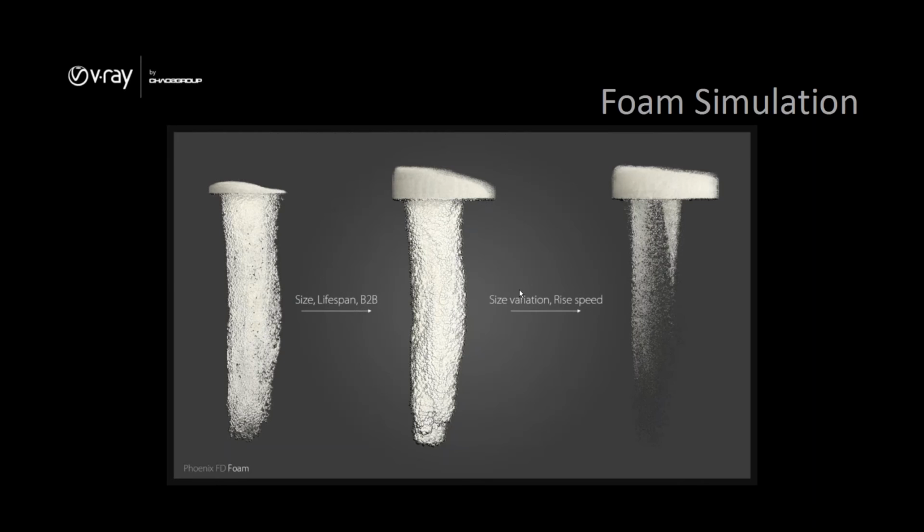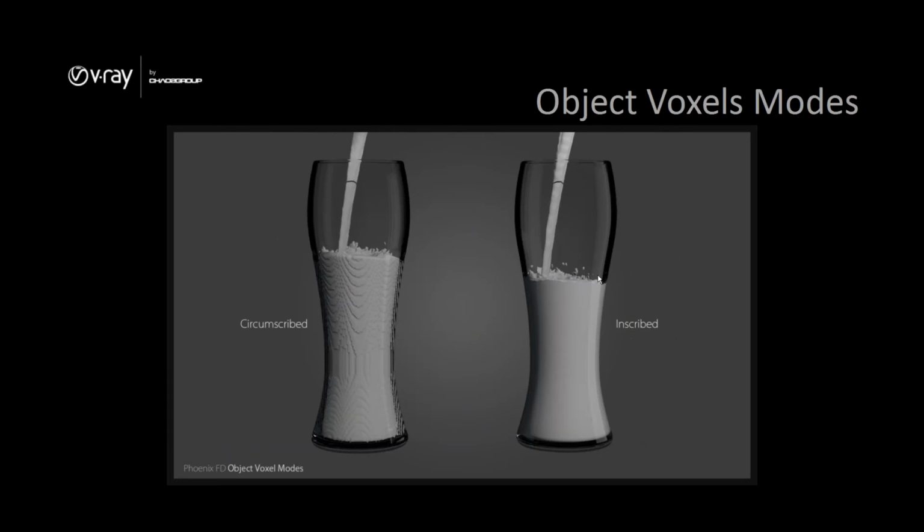So I also introduced some size variation, and I increased the rise speed to force the smaller bubbles to rise faster. And yeah, so once we have this simulation done, we can start rendering.